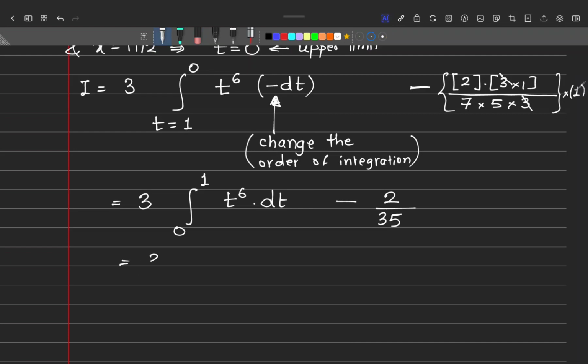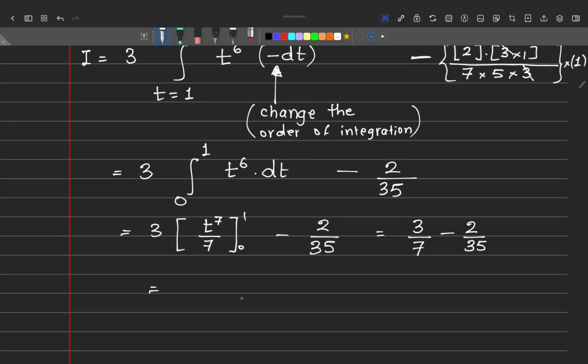Now this is 3, and the integration of t raised to 6 will be t raised to 7 upon 7 in the range 0 to 1, and this is minus 2 by 35. So what do we get here? Substitute upper limit minus lower limit, we get this. If you take the LCM, so what do we get?